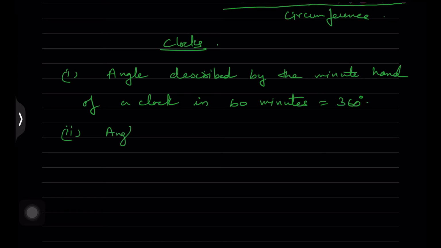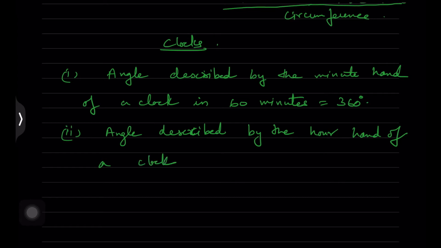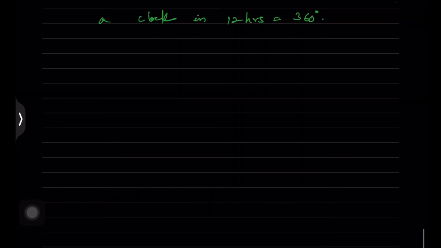Then the angle described by the hour hand of a clock in 12 hours is equal to 360 degrees. So you have to remember these. These are the important concepts which you have.